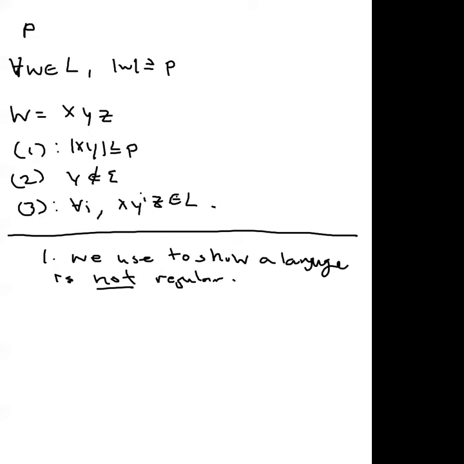So we have to look back here and we show that it's for all W, and next we have to show that there exists X, Y, Z. And the reason why we say this is that in order to show that something is not regular, when we negate this expression, we do get to choose a W as a counter example.